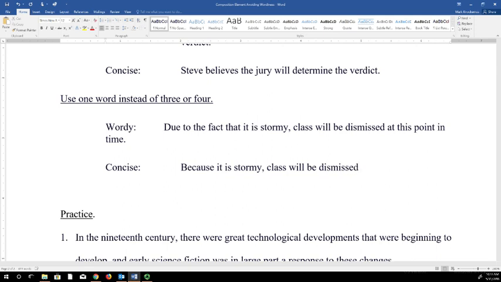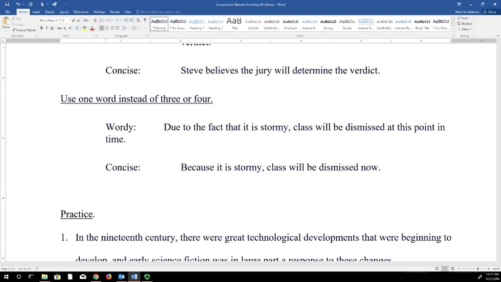What is at this point in time? Now. Look how many words we've saved, and look how vibrant and active the sentence is now. Because it is stormy, class will be dismissed now.